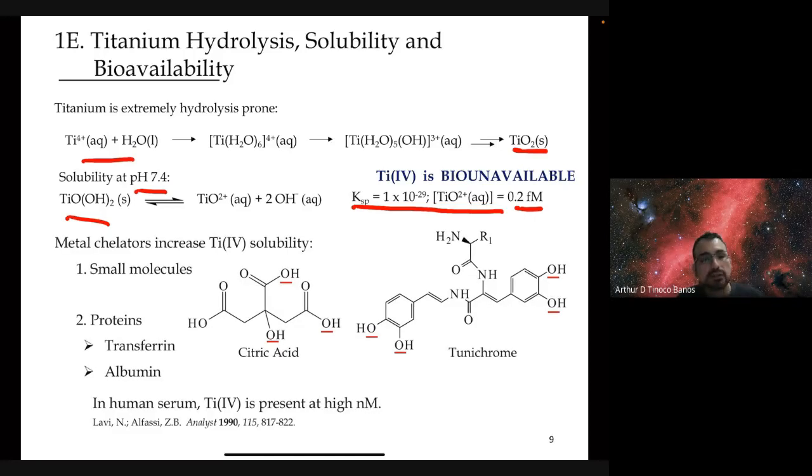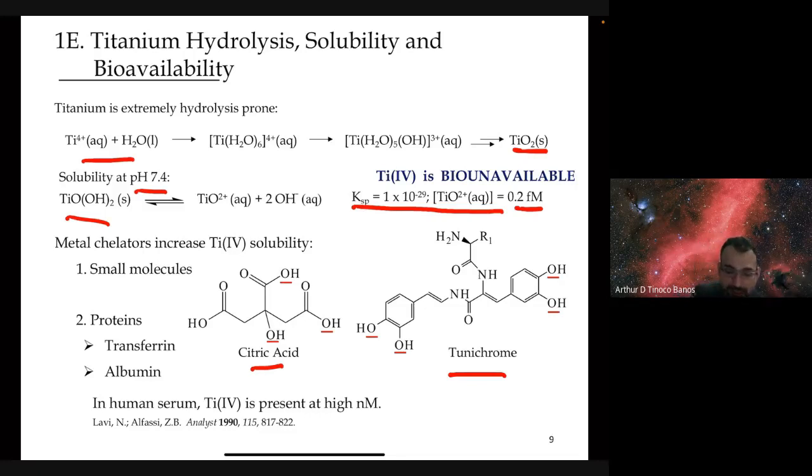As it turns out, the interaction of titanium in the biological environment with metal chelators, such as small molecules like citric acid or tunichrome, or even proteins, for instance transferrin, can significantly alter the solubility of titanium, such that it is present at significantly higher concentrations in human blood than one would expect.